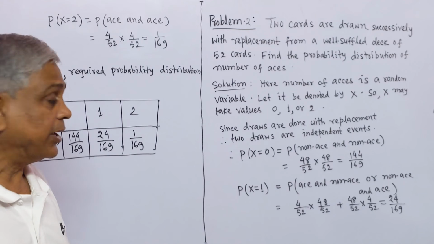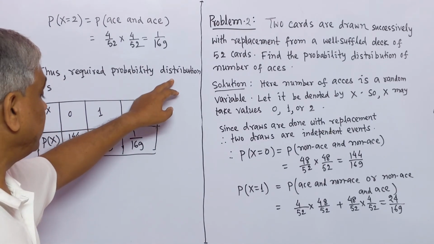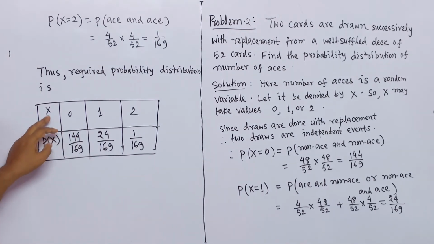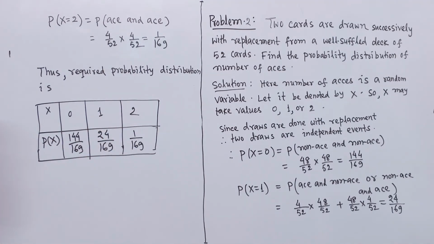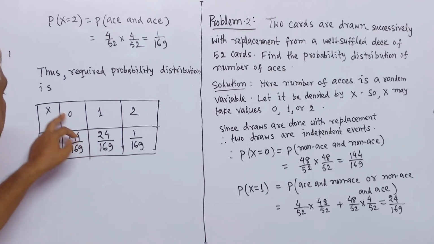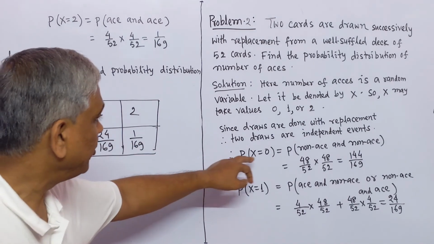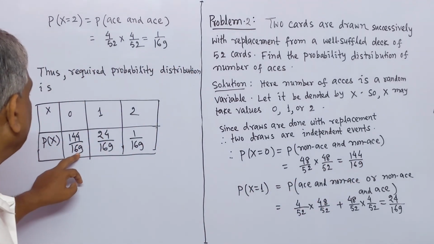Now we frame a table for the probability distribution of the random variable. Here the table is: in the first row, values of the random variable 0, 1, 2. In the second row, the corresponding probabilities. For x equal to 0, the probability is 144 by 169.